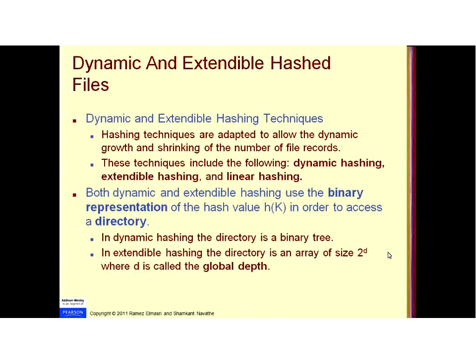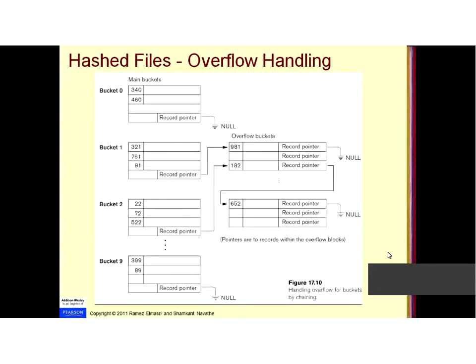You can use dynamic and extendable hash files. The hashing techniques are adapted to allow the dynamic growth and shrinking of the number of file records. Because one of the disadvantages of this bucket storage was that you have a fixed number of buckets in advance, and then you have a fixed number of overflow buckets.